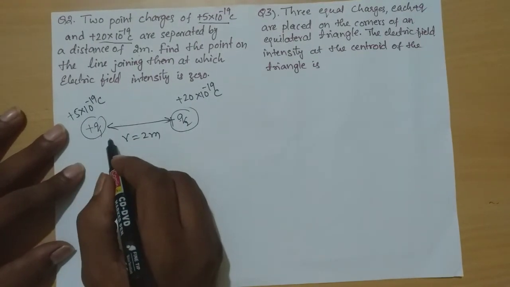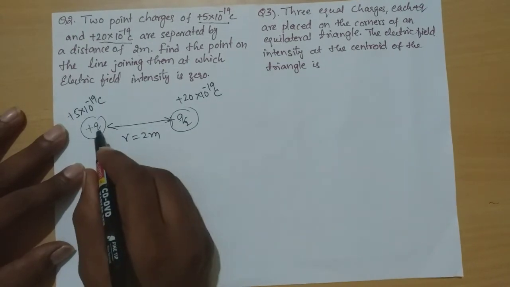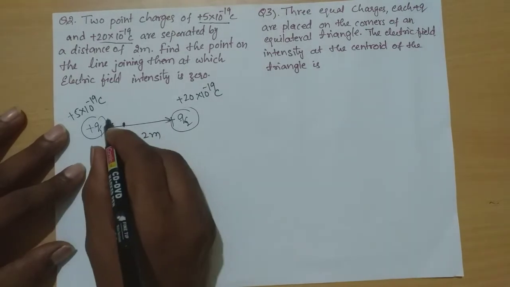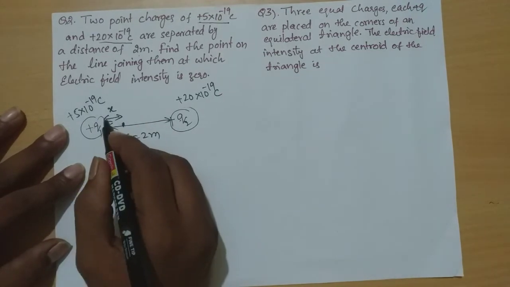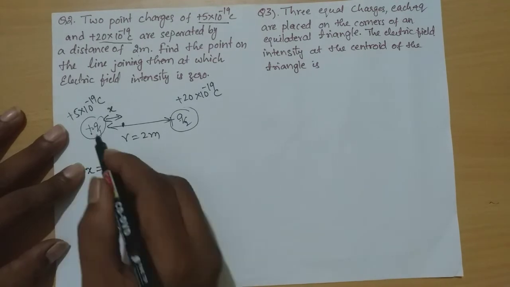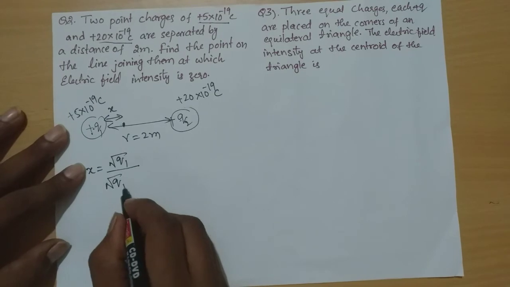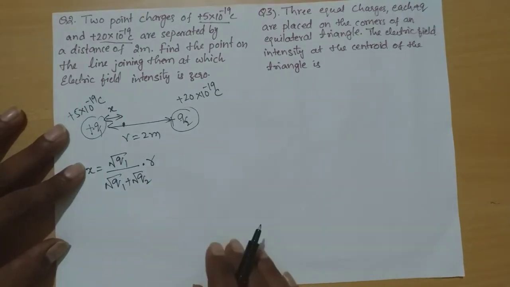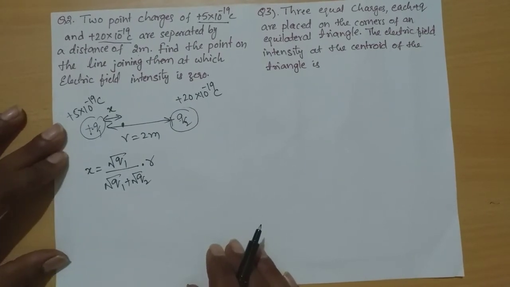Suppose we are finding the distance of the zero-field point from this charge. Somewhere here I am assuming the electric field intensity becomes 0, and this distance is x. Now I want to find x from the first charge: x equals root q1 by (root q1 plus root q2) into the distance between the two charges. I gave the same formula in the Coulomb's law video also, so you can watch that video.